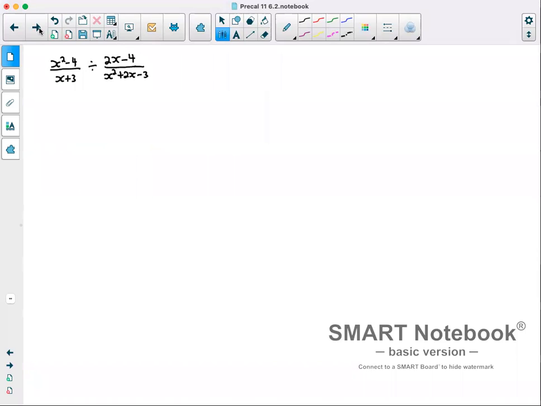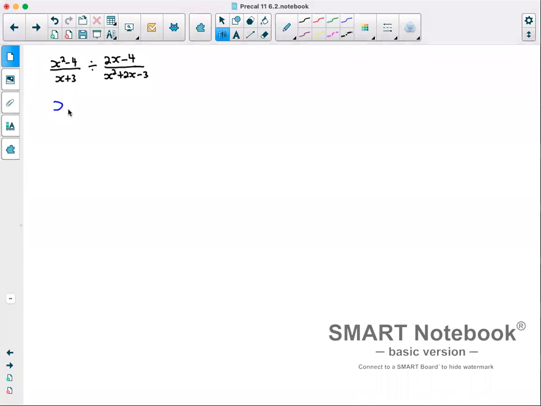Next one we have is x squared minus 4 over x plus 3 divided by 2x minus 4 over x squared plus 2x minus 3. Okay, so this one, I'll probably flip it, then we will factor it.